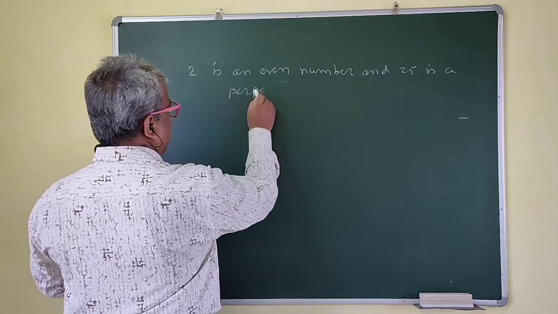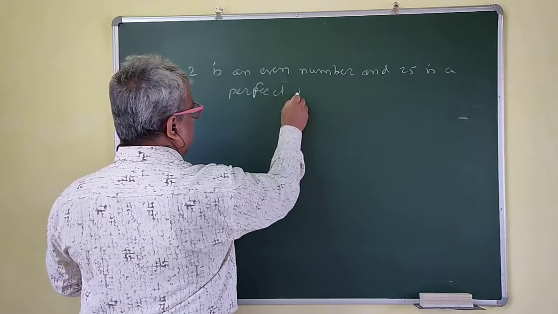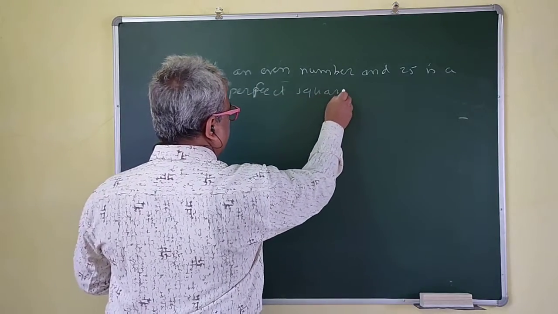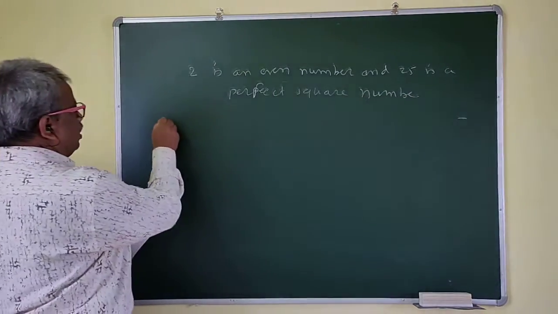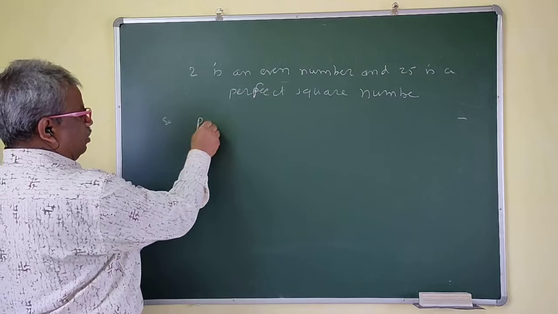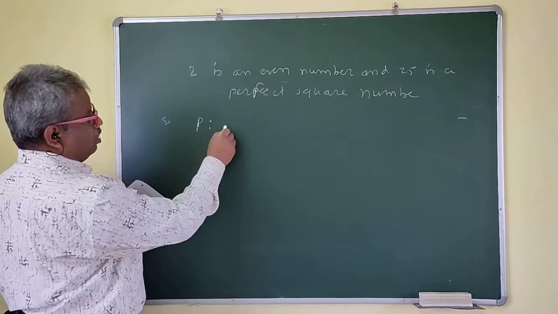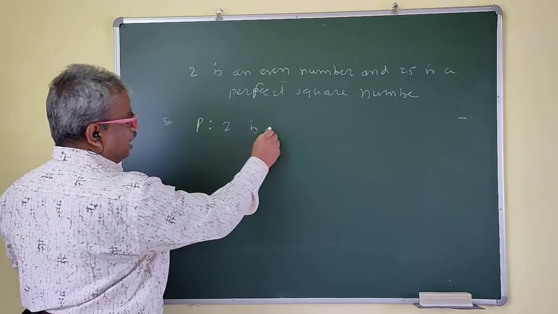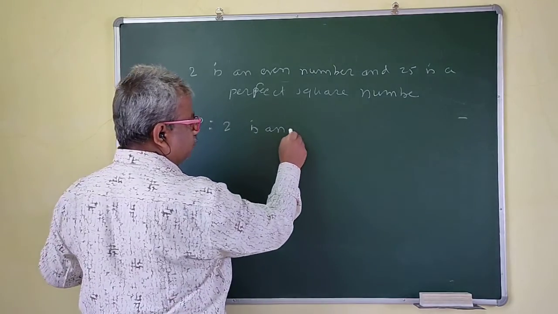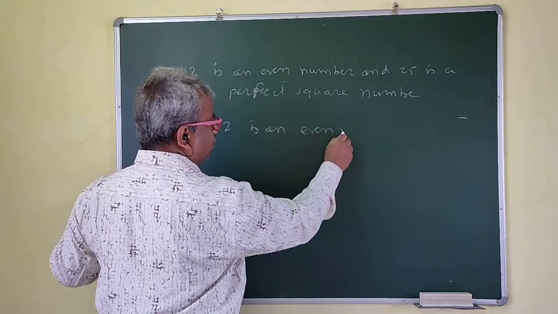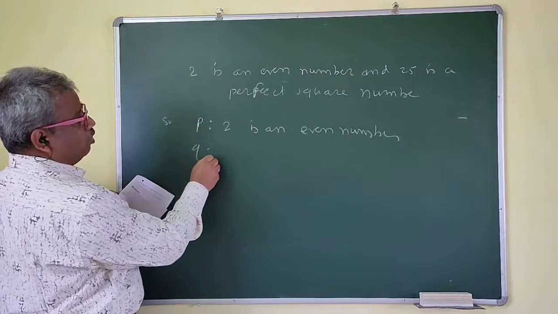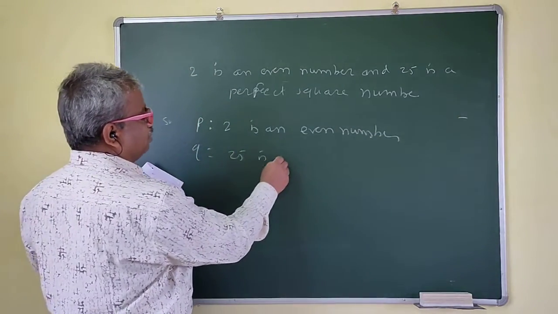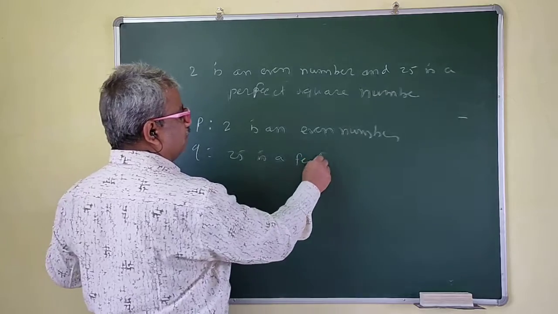Now what is your P here? Statements are not like this. P is: 2 is an even number. What is your Q? Your Q is: 25 is a perfect square number.